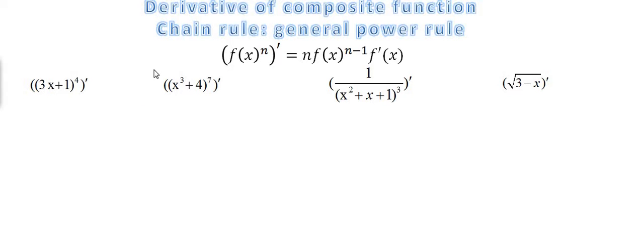Today I'm going to talk about the derivative of composite functions, one of the chain rule, the general power rule. When we do the derivative of a composite function f(x) to the power n, that equals n times f(x) to the power n minus 1 times f'(x).